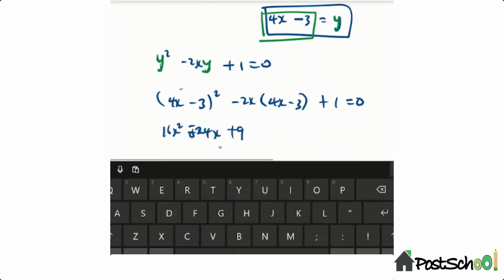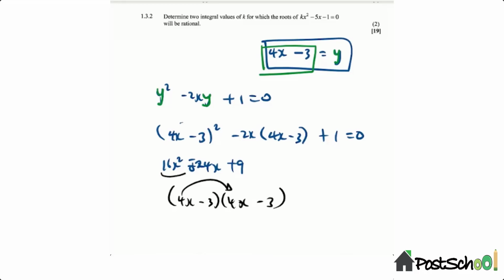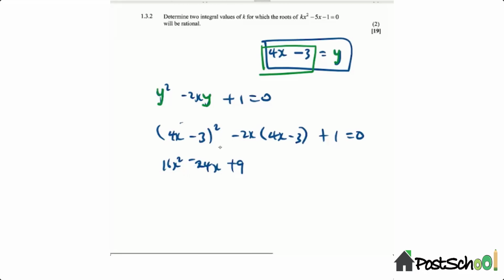But you can always open up two brackets and say 4x minus 3, 4x minus 3, and then you'll end up having this. It's very simple and straightforward. And then you multiply this times that and get negative 8x, this times that, and get plus 6x, and then plus 1 equals 0.